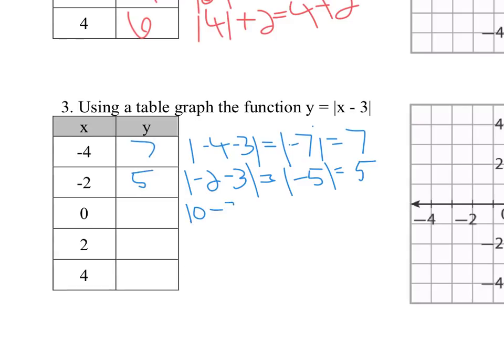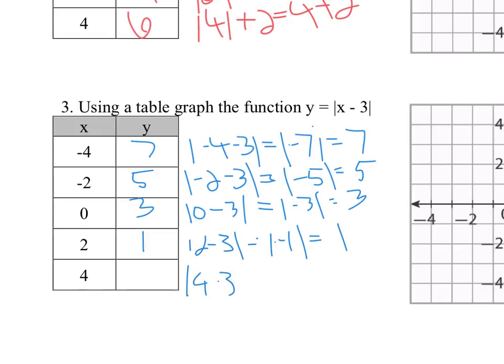We get 0 minus 3, which becomes the absolute value of negative 3, which is 3. Then we get 2 minus 3, which is negative 1, which becomes positive 1. And then we get the absolute value of 4 minus 3, which becomes positive 1, which equals 1.